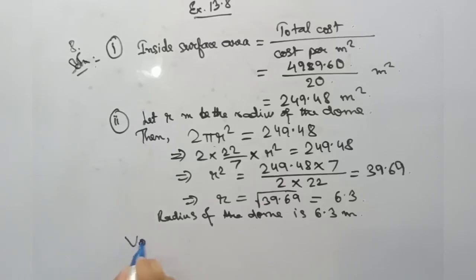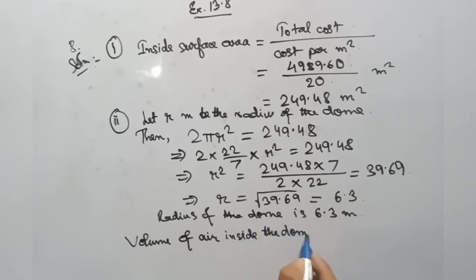Now the volume of air inside the dome will be equal to the volume of a hemisphere with radius 6.3 meter. The volume of a hemisphere is given by 2 by 3 pi r cube.